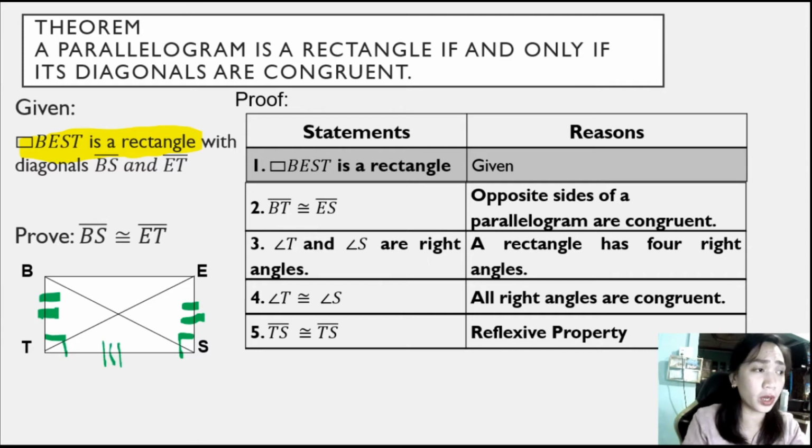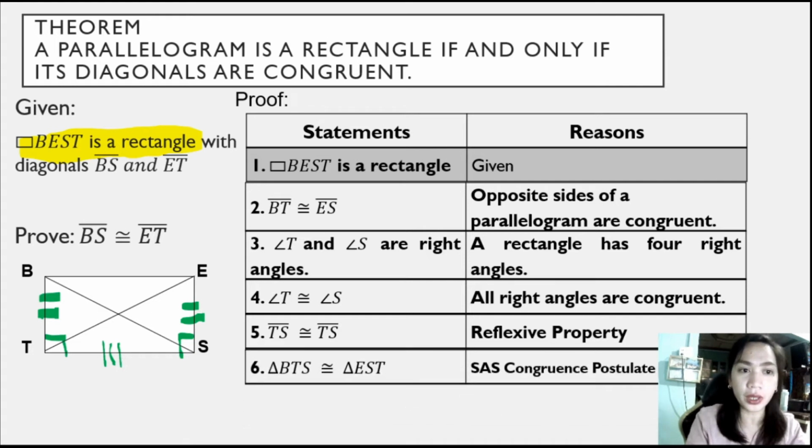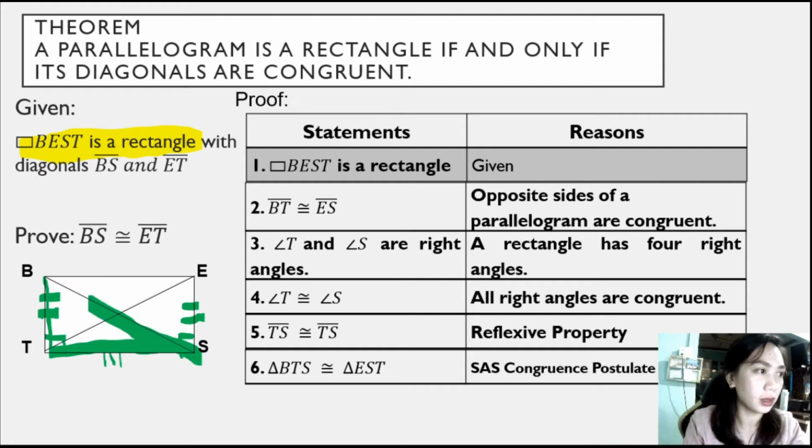If you observe, you have given the side, the angle, and the side. Therefore, you can use the SAS Congruence Postulate, or side-angle-side. So triangle BTS is congruent to triangle EST.